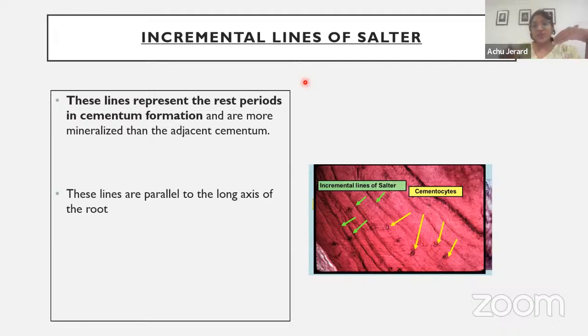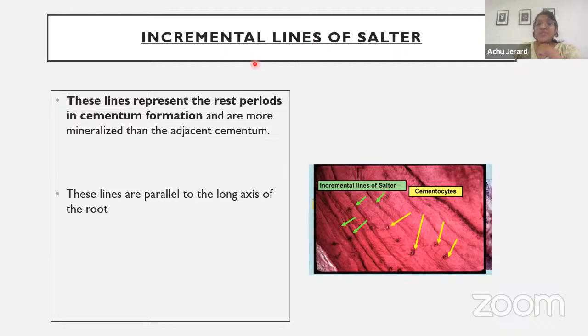Also, when cementum formation happens, there is some rest period in between, which produces these lines which run parallel to the root in the cementum. These lines, which represent the rest periods and run parallel to the long axis of the root, are called the incremental lines of Salter.